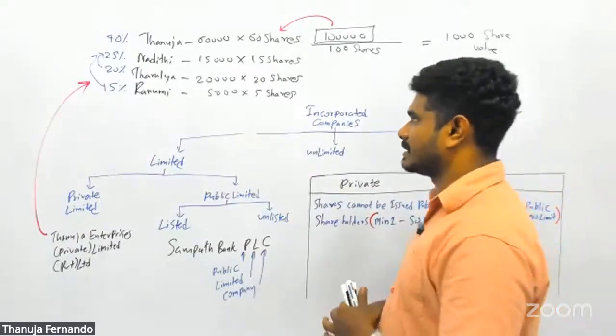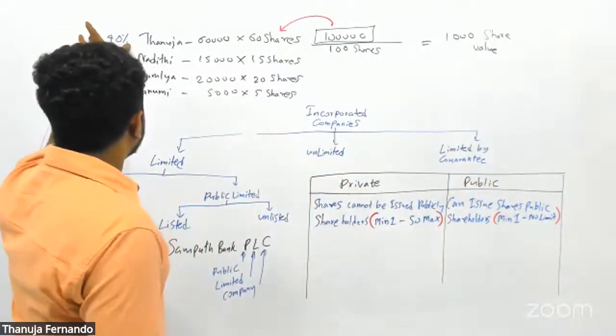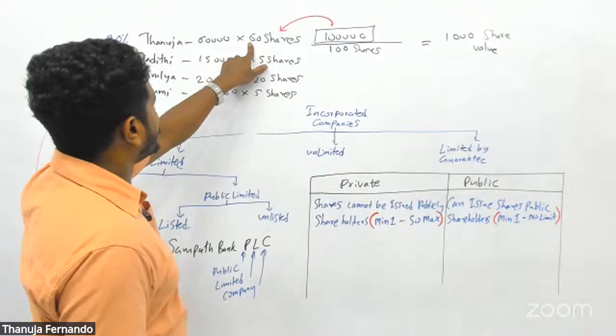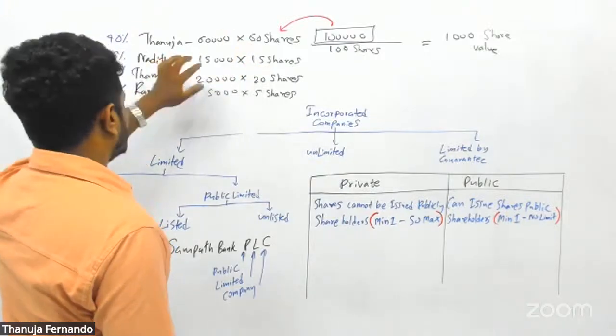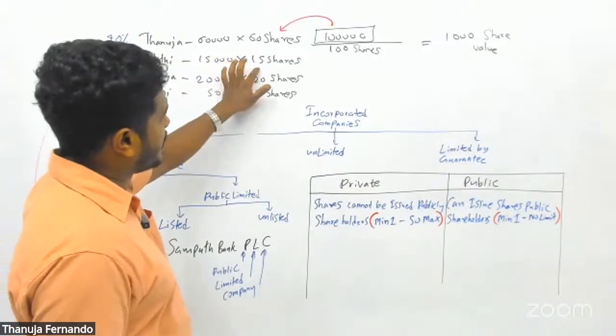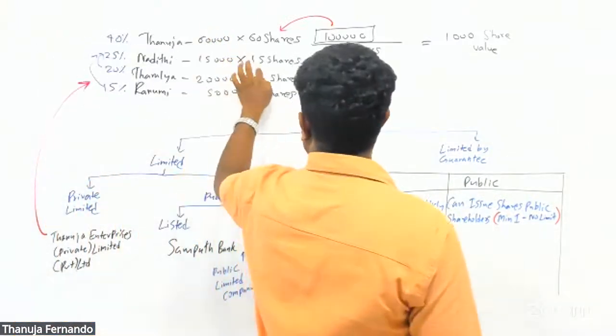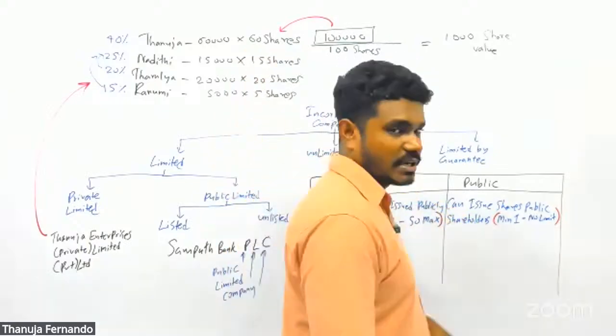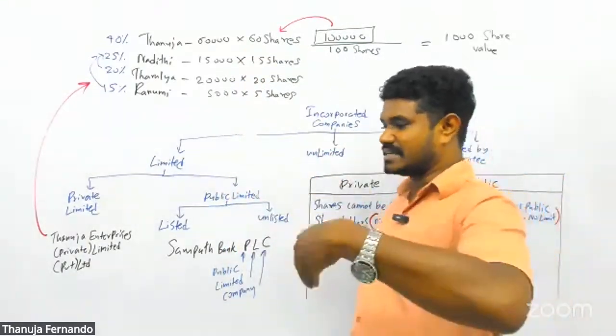As an example, if I have 40% shares, then I have 40 shares. If Naditi has 25%, then she has 25 shares, right? According to their shares, their power is different.